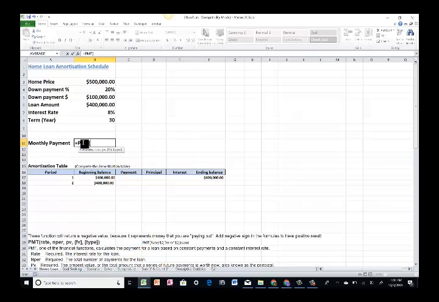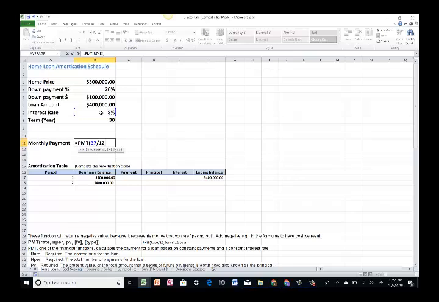I know the interest rate is 8% annual. To have it monthly, I need to take the annual rate and divide it by 12. This is my first argument. My second argument is the total number of payments for the loan.